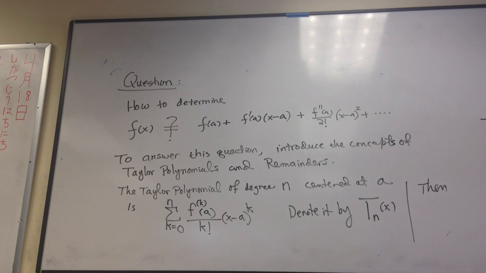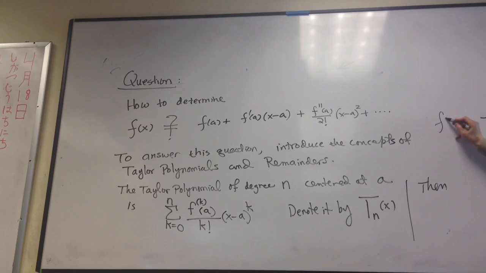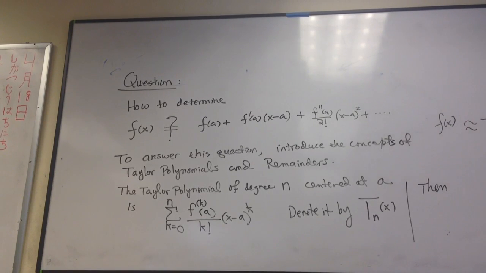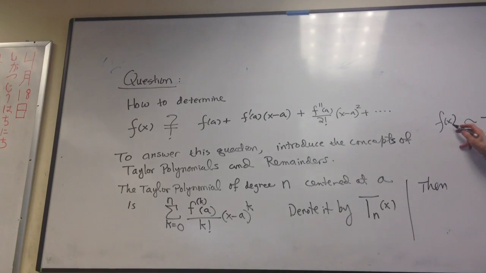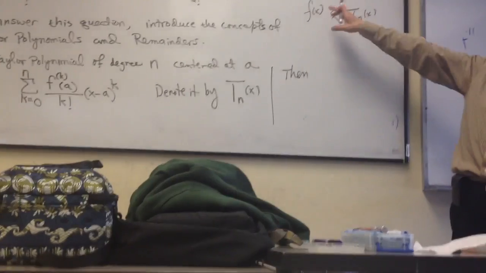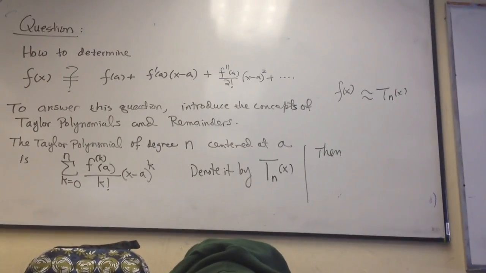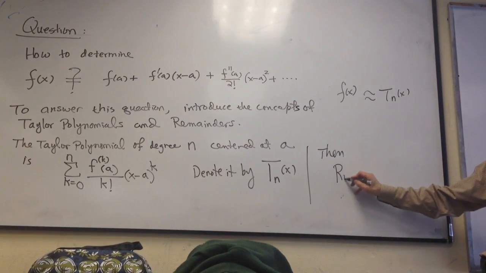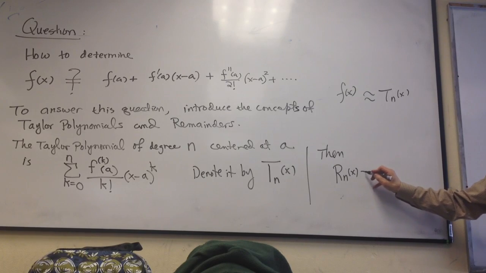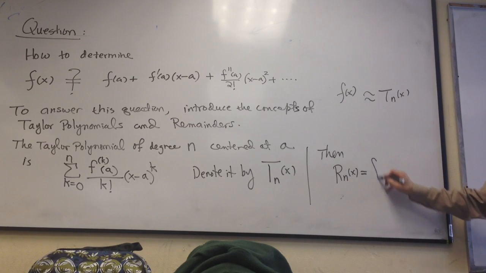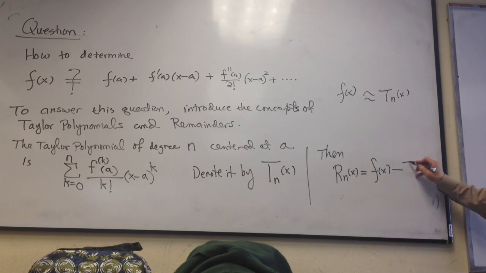then Tn of x is only an approximation of f of x because you truncate the series. And so Tn is not f of x. So there's a discrepancy. That discrepancy is called Rn of x, and this one is f of x minus Tn of x.